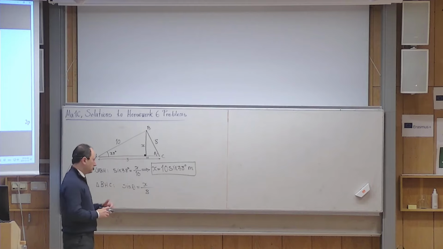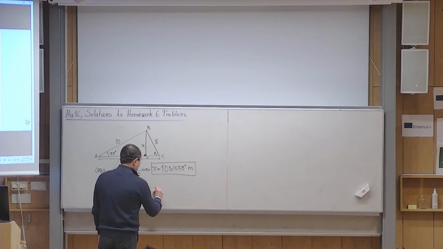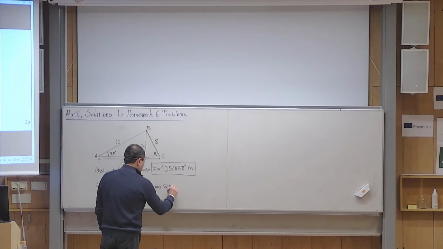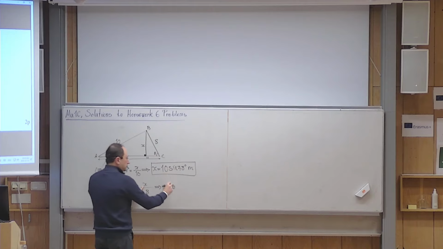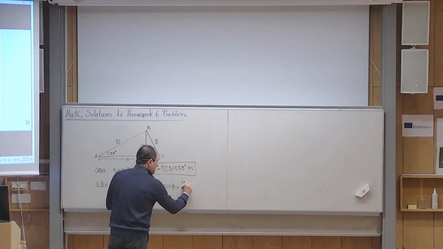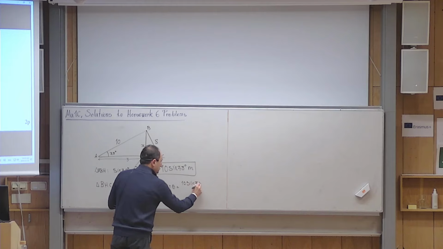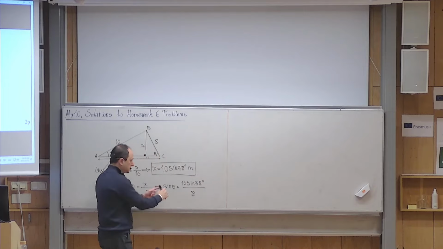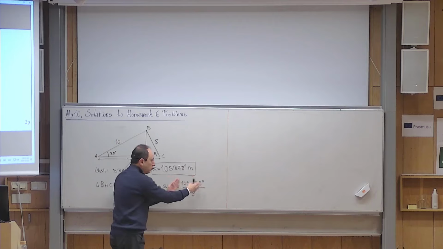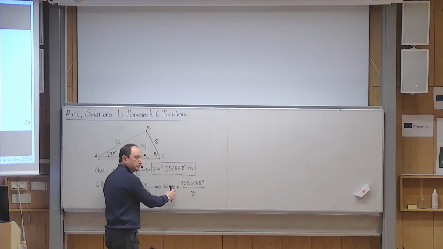But I want you to learn the correct way. So what should I do? I would say that sine theta, instead of x, I put this number. You see, copy pasting shouldn't be hard. I just rewrite it again and then divide it by 8. This is at the end a number. Sine of theta is equal to a number. I am looking for theta.